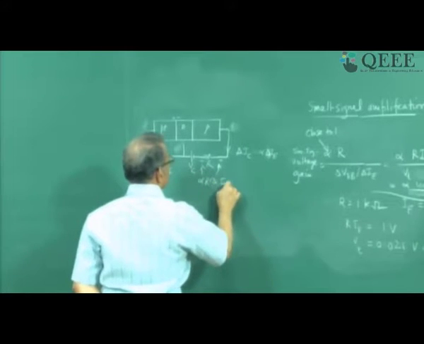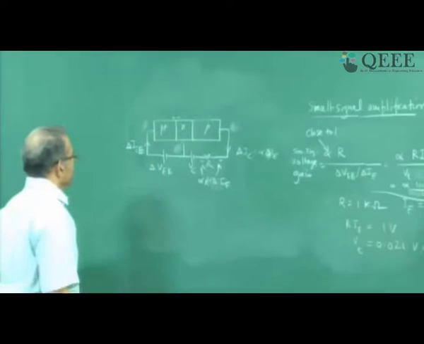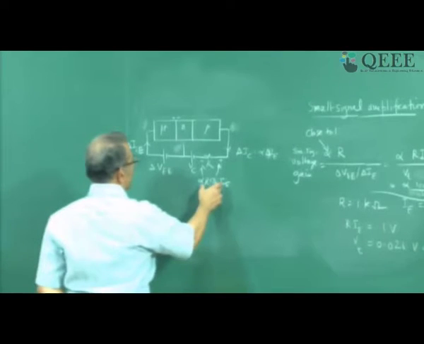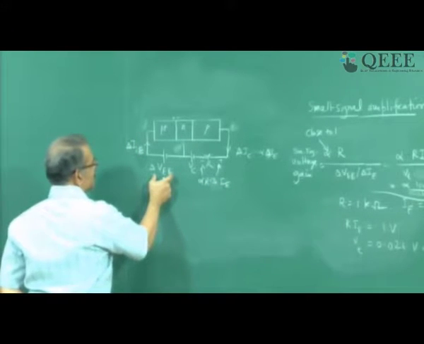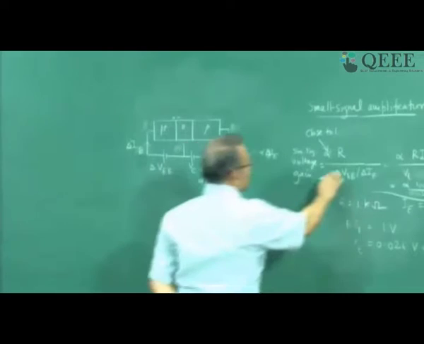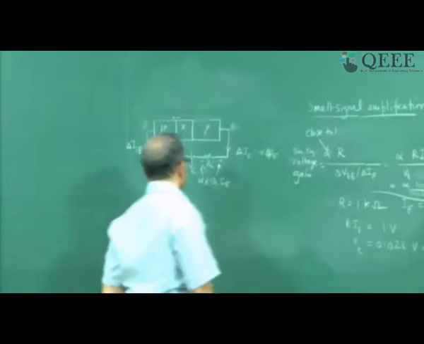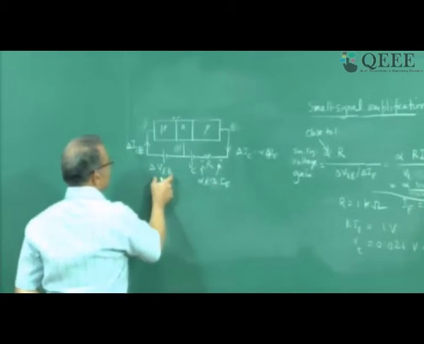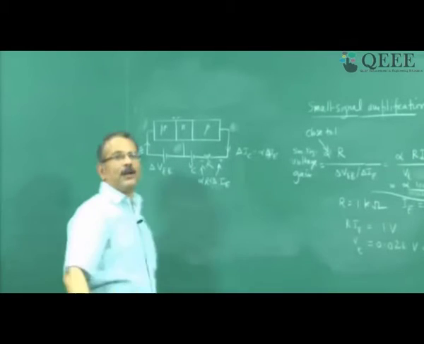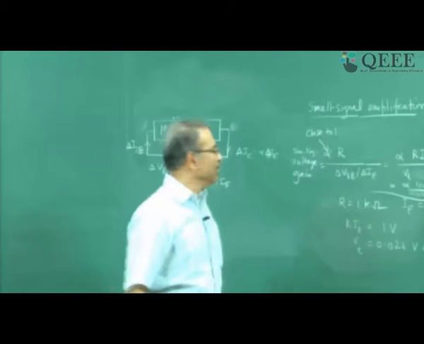So I am going to replace it by delta IE. Now you are going to compare this and this, and as we have shown by calculation here, this divided by this is much more than 1. We have got a value of about 40.